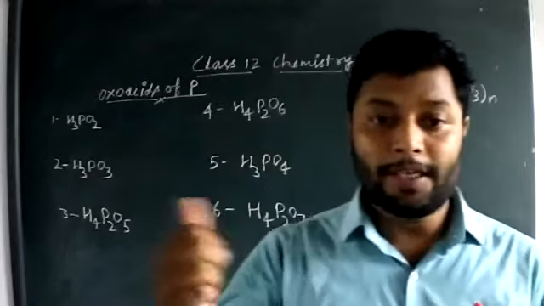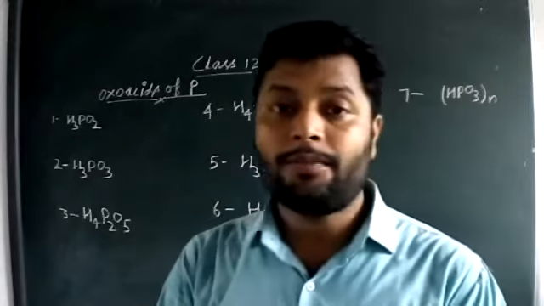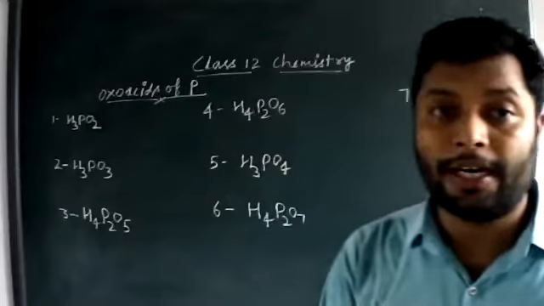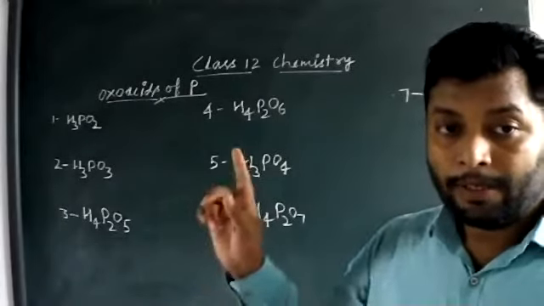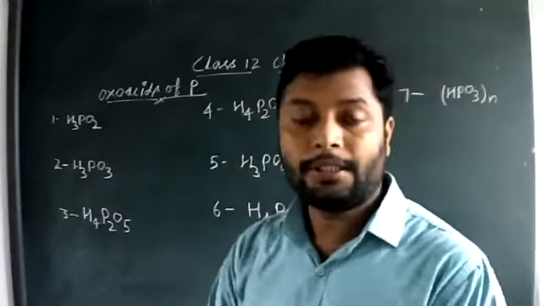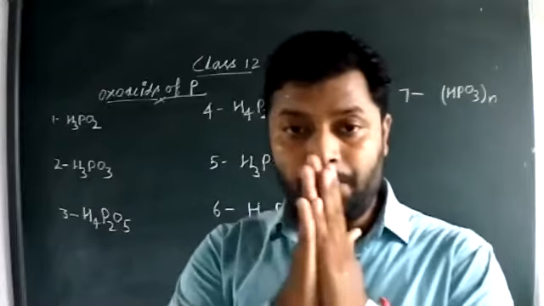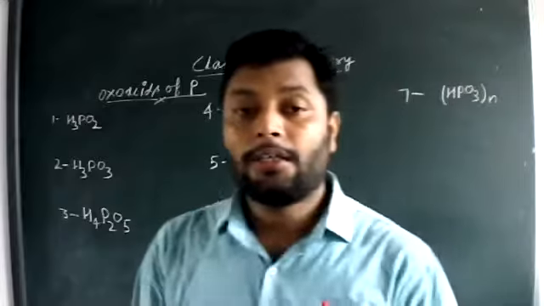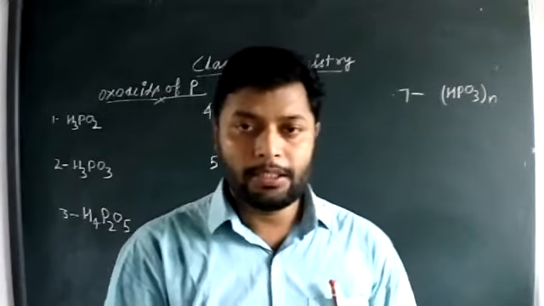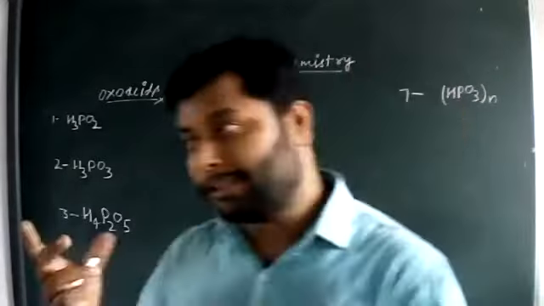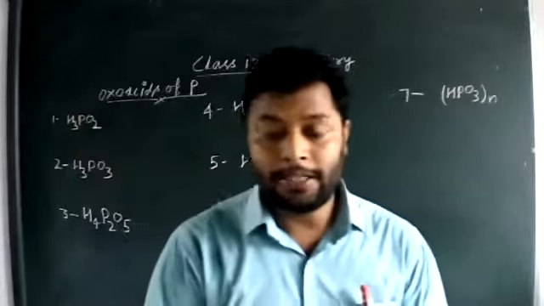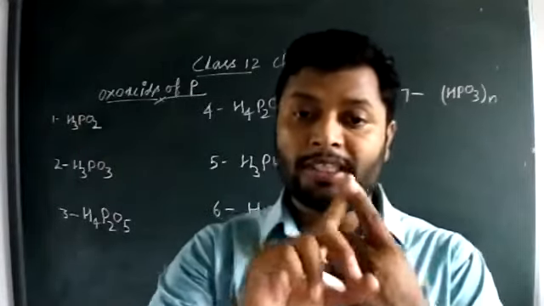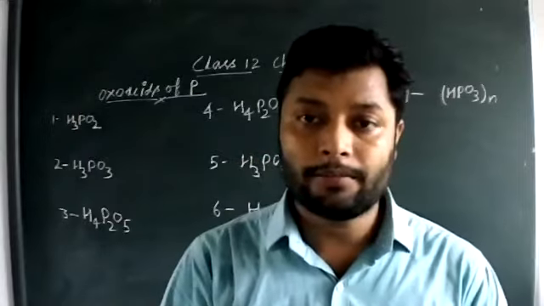One by one, you can see on the board, there are different oxoacids of phosphorus already written. Starting from the first, H3PO2, that is known as phosphinic acid. The technique to draw the structure of all these phosphorus acids: one thing is common.